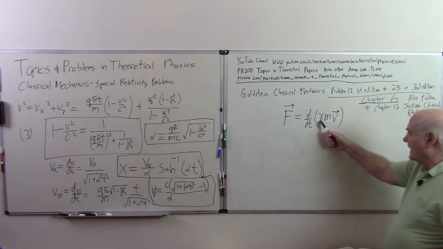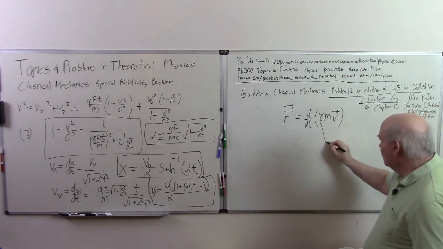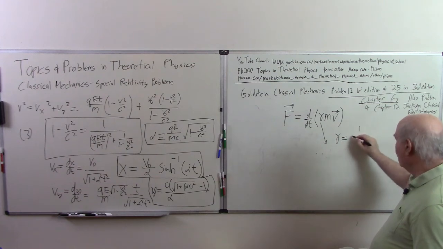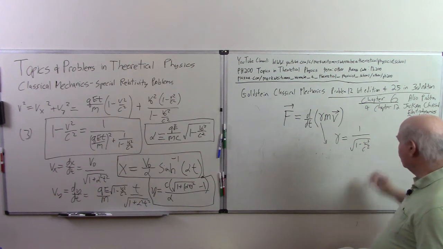So this gamma factor makes all the difference in relativity, because gamma is equal to 1 over the square root of 1 minus v squared over c squared.